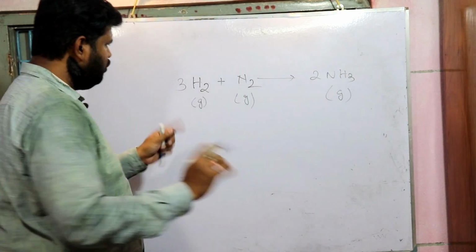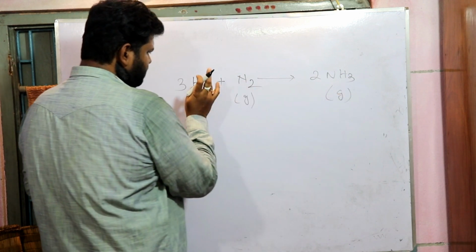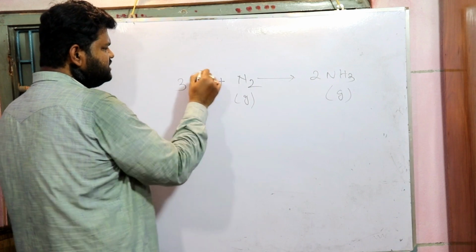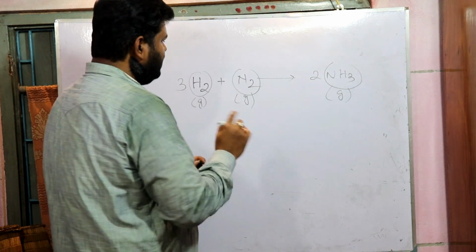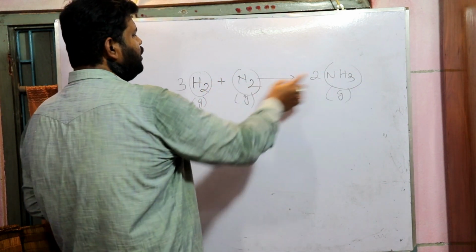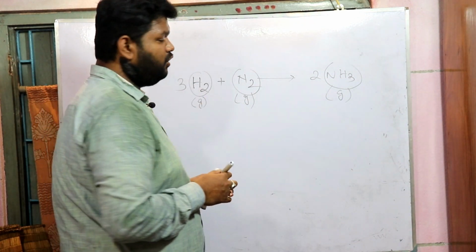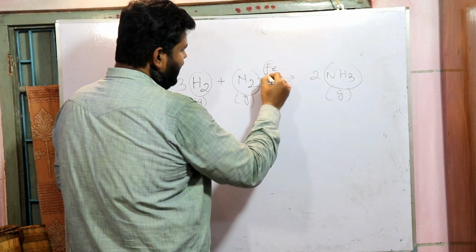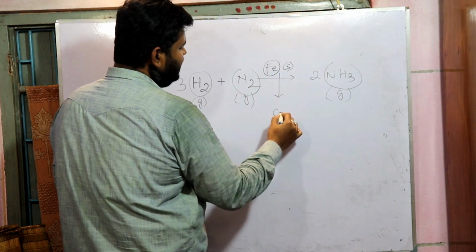We have written the physical states of the reactants as well as the product. These two are the reactants and this is the product, but these two reactants are not sufficient to produce ammonia without the presence of a third thing, that is iron. Here iron, which is in solid state, is used as a catalyst.